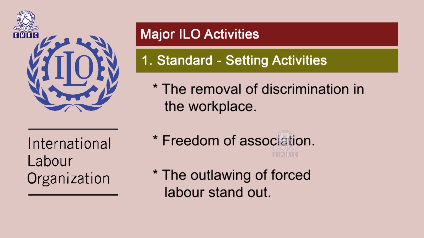International labour standards have been developed and adopted by the ILO ever since they were first introduced. There are requirements to ensure fundamental human rights in addition to those safeguarding and enforcing labour and working conditions. So, the removal of discrimination in the workplace, freedom of association and the outlawing of forced labour stand out among this.